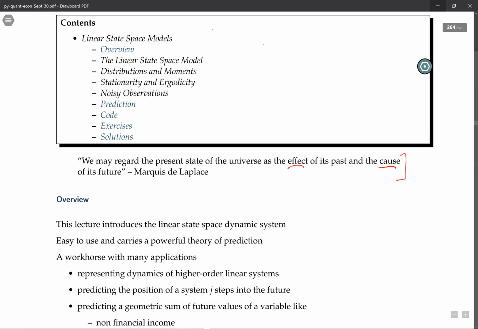So we're going to talk about the state. For us, finding the state is going to be an art. We're going to use these linear state space models, and we're going to get a lot of profit from a little knowledge of linear algebra. Linear algebra is going to be our tool.